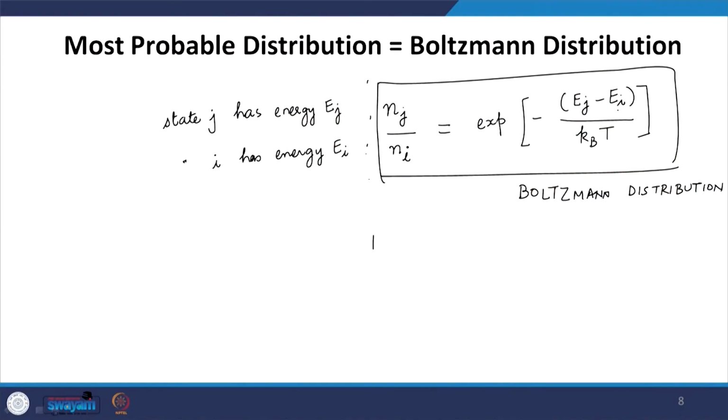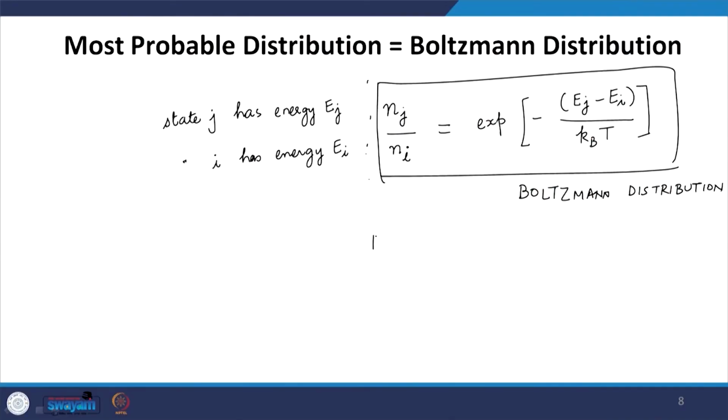What it tells you is that as E j is higher than E i, then you get a negative number inside the exponential. So, that means that the higher energy states are going to have lower probability compared to the lower energy states.